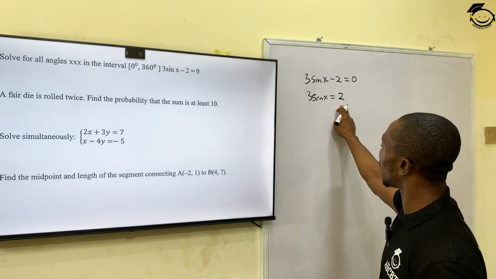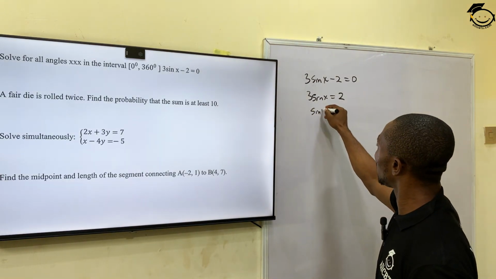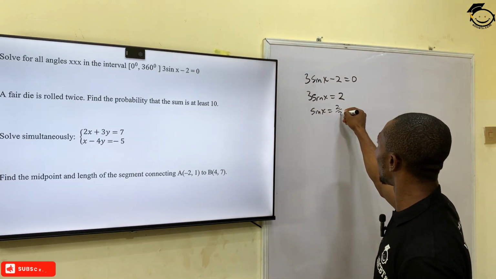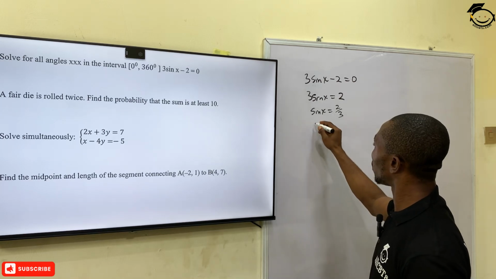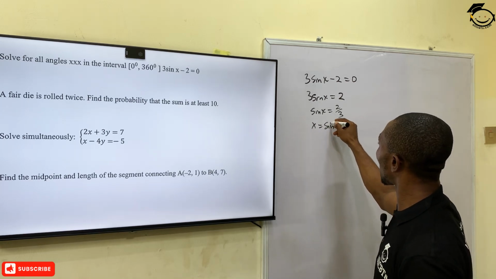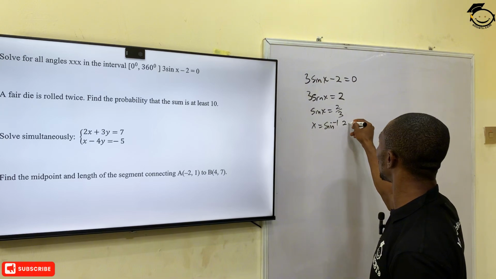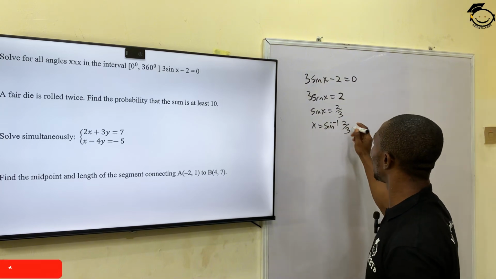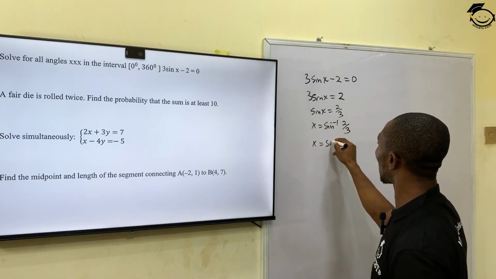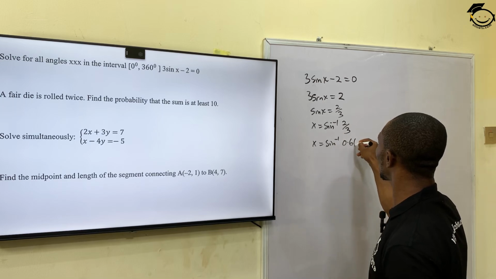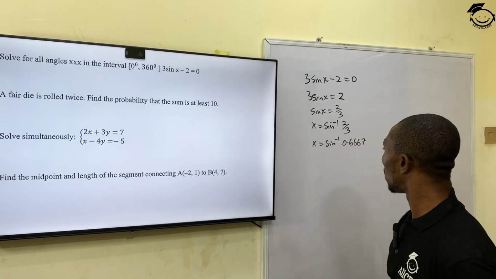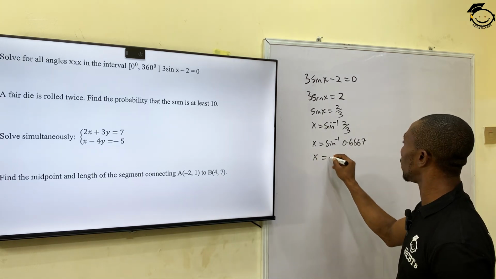Now divide both sides by 3, and this becomes sine x equals 2 over 3. Now x equals sine inverse of 2 over 3, which is sine inverse of 0.6667.